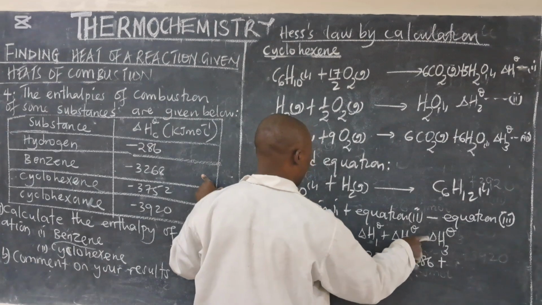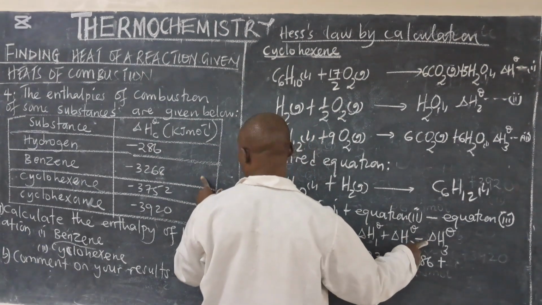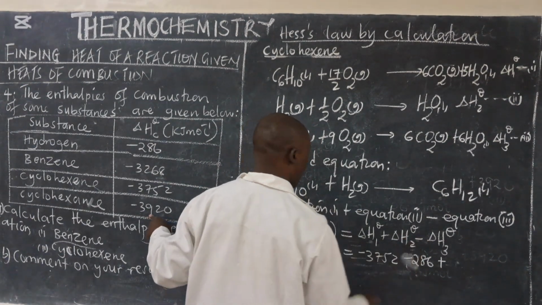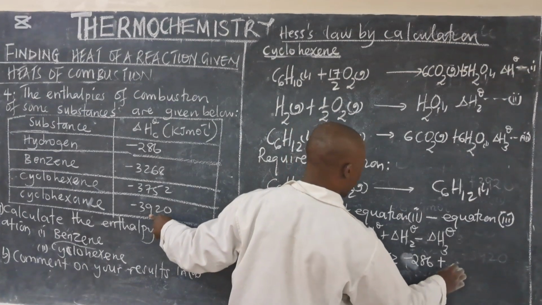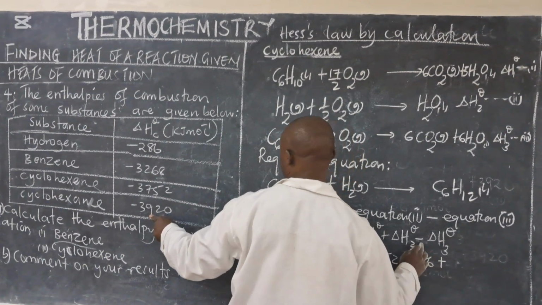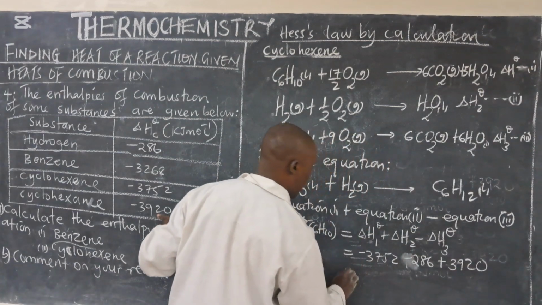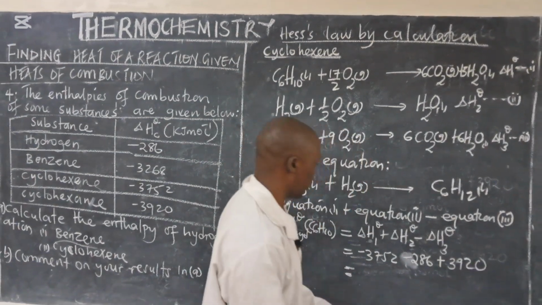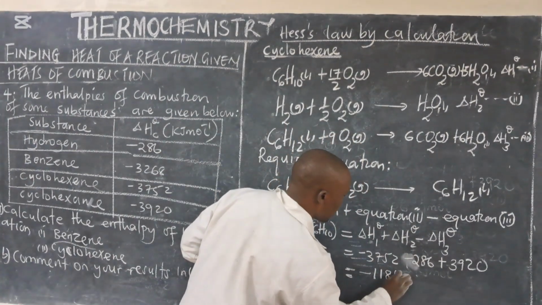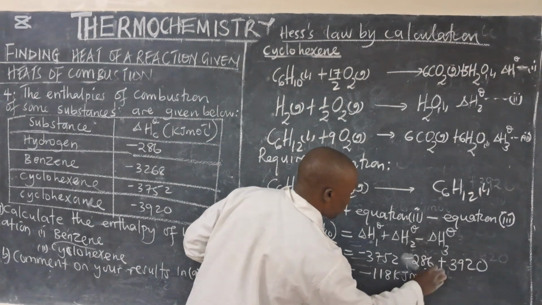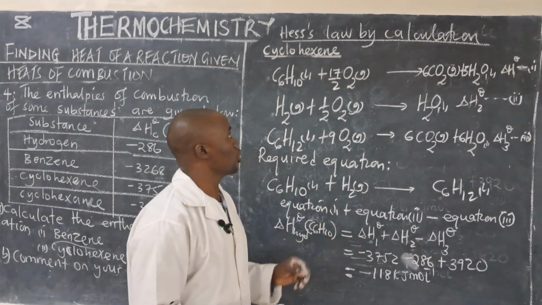Then minus, or the reverse of, cyclohexane. So cyclohexane value is minus, so it becomes positive 3920. So gives us what? Let's punch the calculator here. Negative 118 kilojoules per mole.